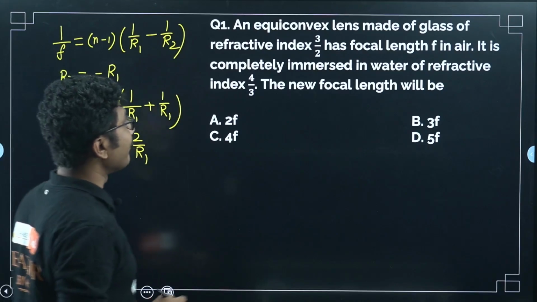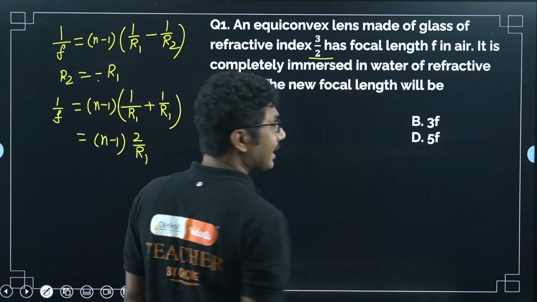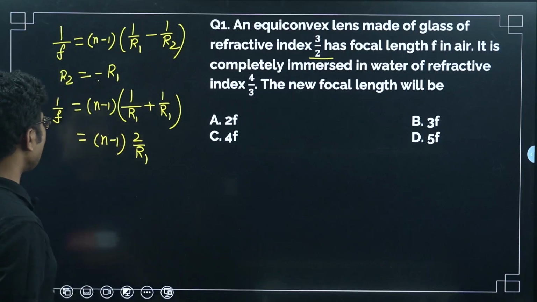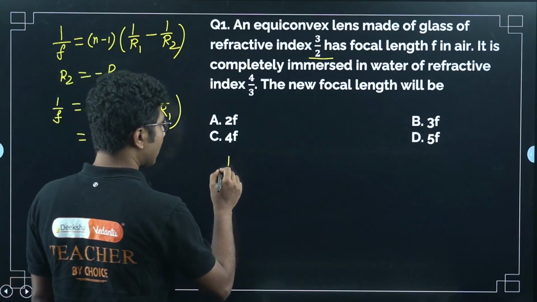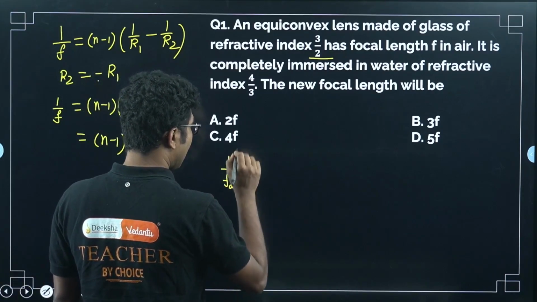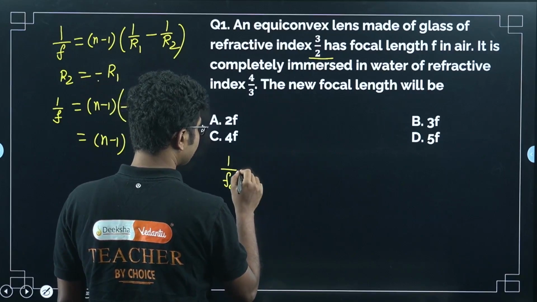Now, when it was in air, the refractive index of the glass is 3/2. So in air, suppose the focal length is f air, and that value is given as f.